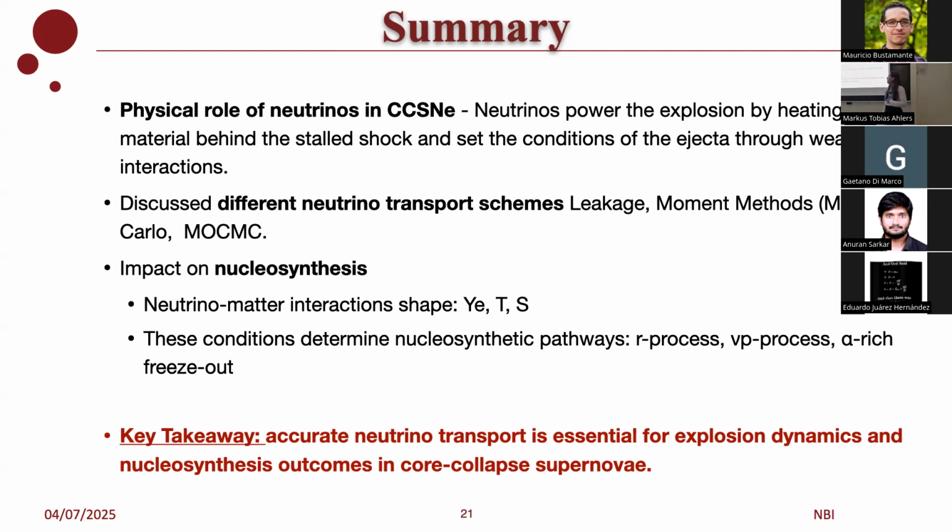But most importantly, probably the takeaway message that I want to share today is we need to accurately model neutrino transport to have accurate estimates of what the explosion dynamics and nucleosynthesis yields will be from core collapse supernovae.